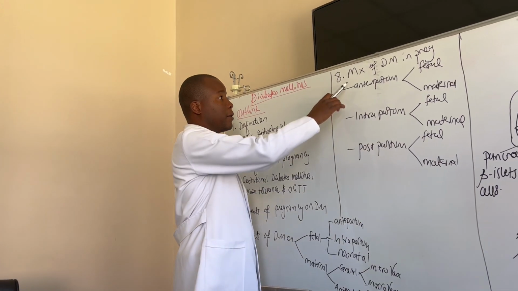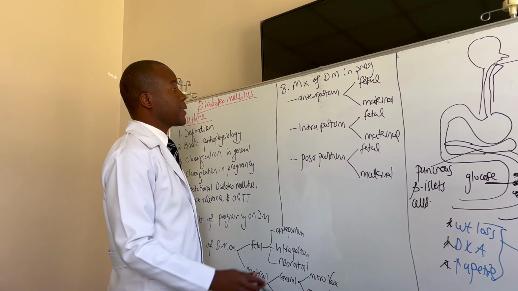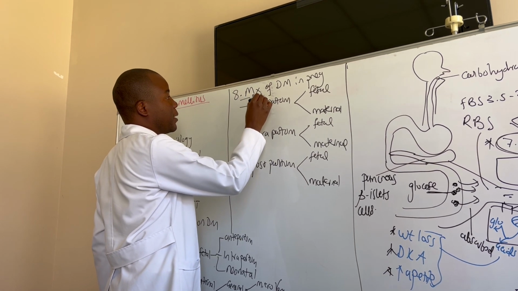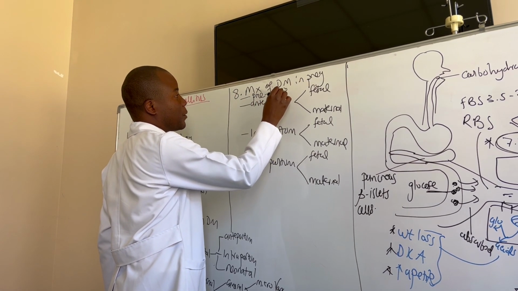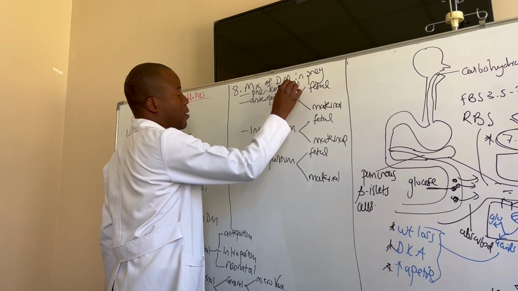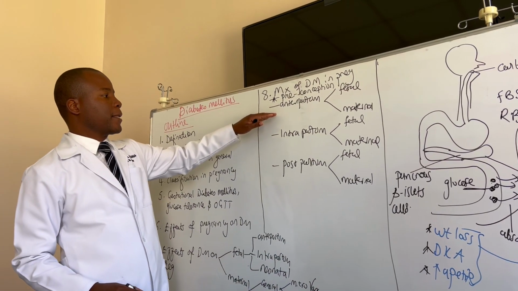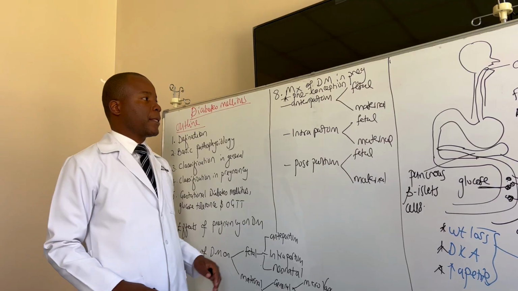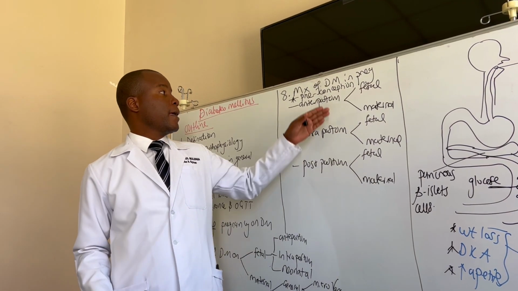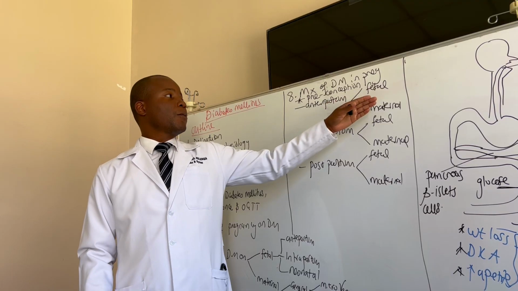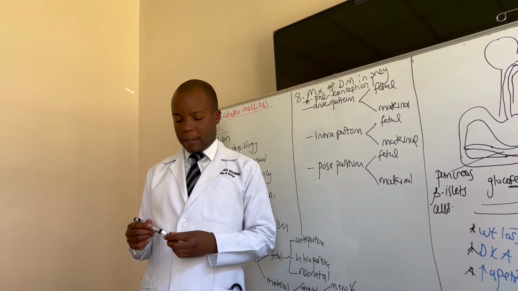Then we will narrow down on management of diabetes mellitus in pregnancy, and we always start with preconception. Very important before we get to antepartum, intrapartum, and postpartum management. But in all cases, except for preconception, because the baby is not yet developing, we'll look at fetal and maternal aspects.